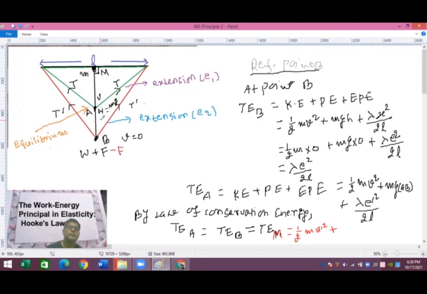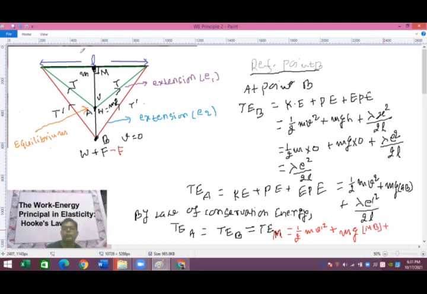Sometimes it is given, or sometimes you need to calculate this distance. So at this point we generalize in terms of ABC.